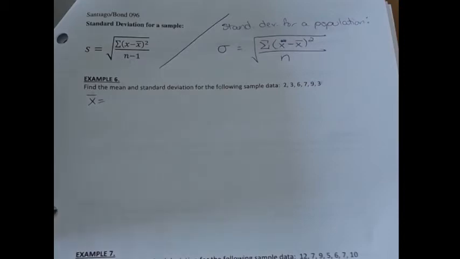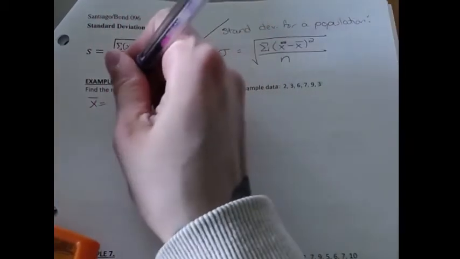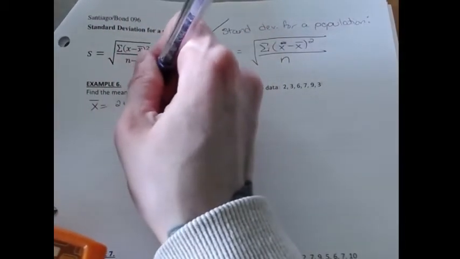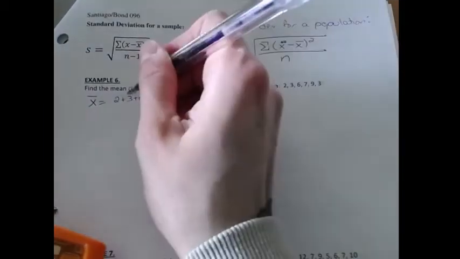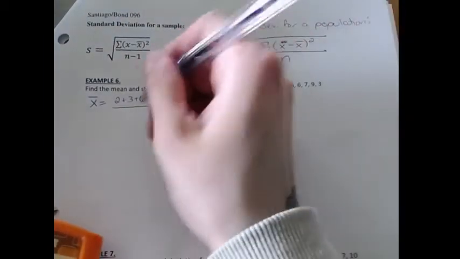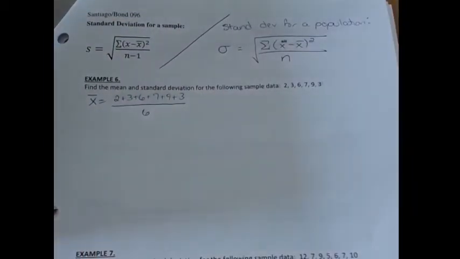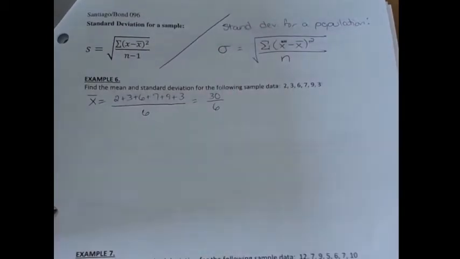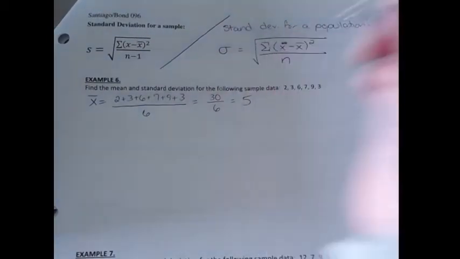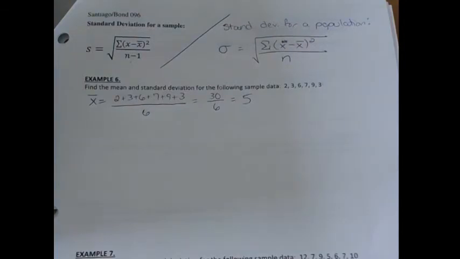So we have 2 plus 3 plus 6 plus 7 plus 9 plus 3. Add all 6 of those values together, and you get 30. And then you're going to divide by 6. So your mean in this case is 5.